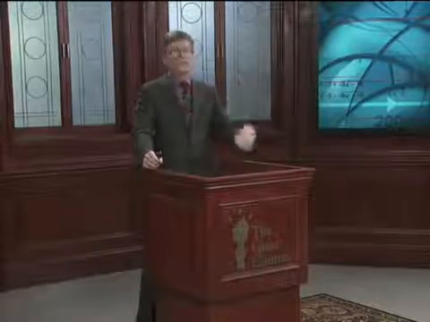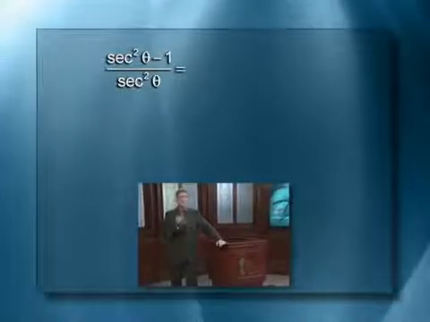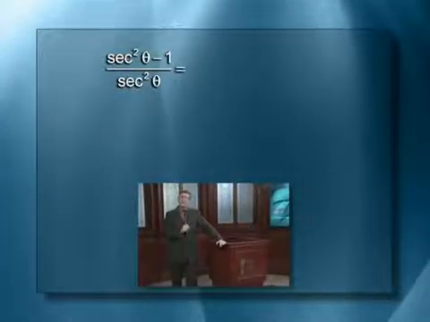So why don't I start with the left? So I start with secant squared minus 1 divided by secant squared, and now I'm going to manipulate that. And hopefully, I'll end up at the very end with sine squared. Let's hope. Here we go. What can I do about secant squared in the numerator? Well, I remember an identity.